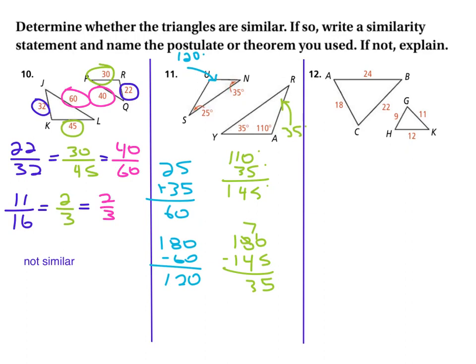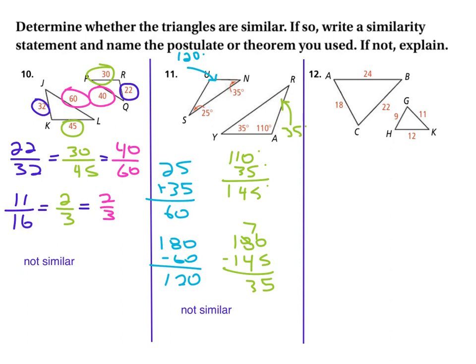Do we have the same angles? No. We have 35, 25, and 120, and the one on the right is 35, 35, and 110. What are we going to say? We're going to say that these are also not similar.